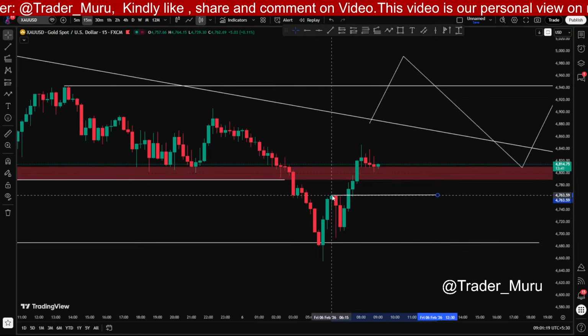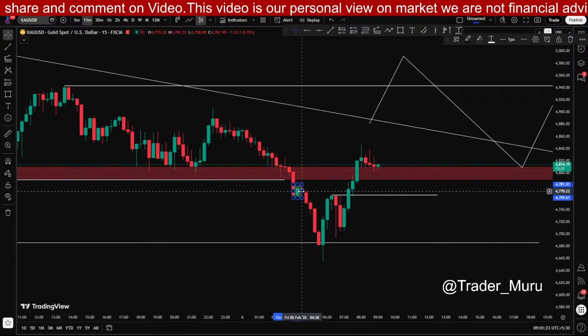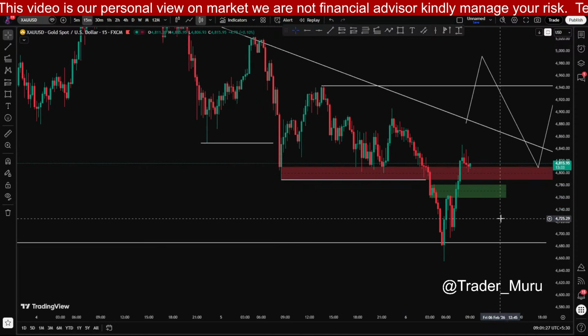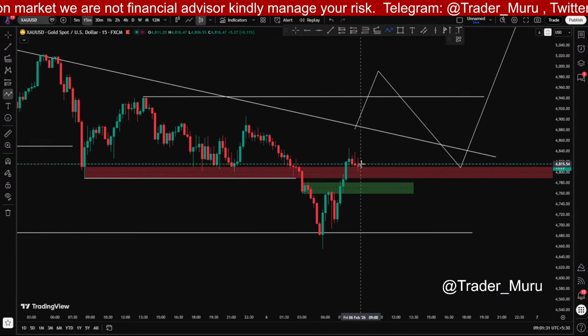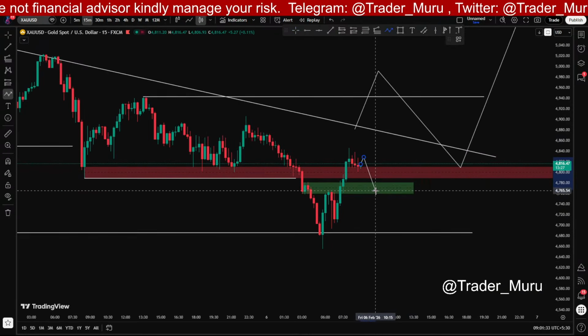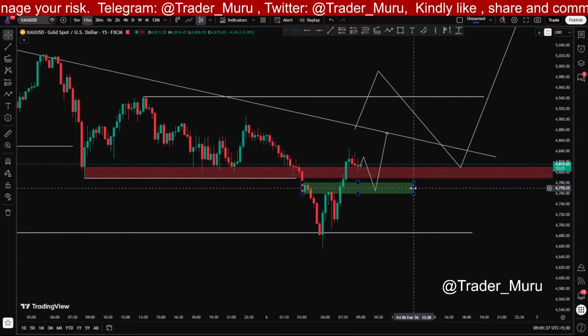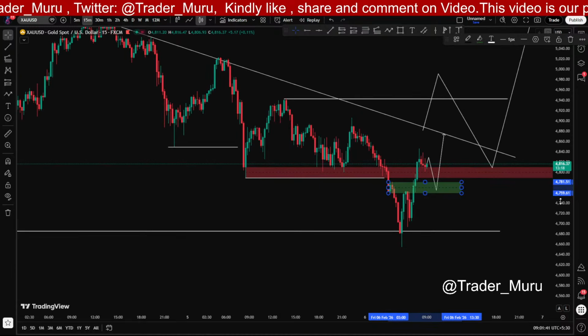This area is good for a long entry. We have one demand here too, so it can test here, again bounce. So watch for this zone. The zone is around 4781 to 4760.